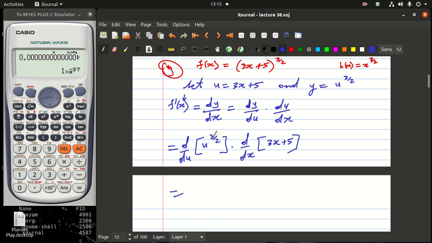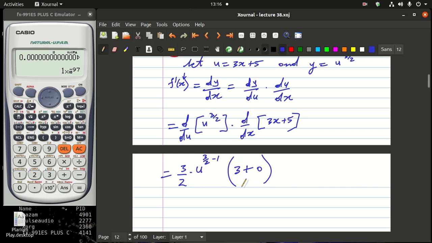If you look carefully into this, all I need to do here is bring 3 over 2 down, and then multiply by u, and then subtract 1 in the exponent, and then multiply this whole thing by the derivative of 3x plus 5, which is going to be 3, plus the derivative of a constant, which is just 0.